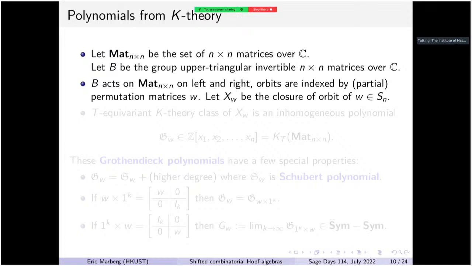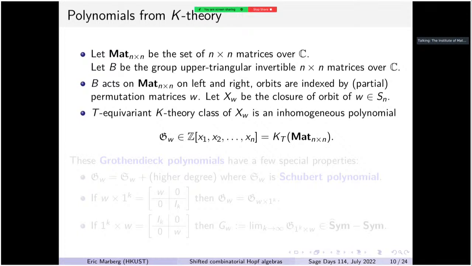And then I'm going to completely skip over all of the K-theory and geometry details here, and just say there's some way of identifying the equivariant K-theory ring of n by n matrices, for the torus of diagonal matrices, with the polynomial ring. Under this identification, the K-theory class of each of these orbit closures is some polynomial.